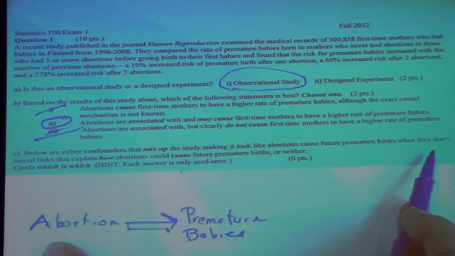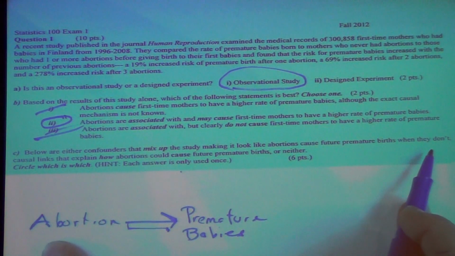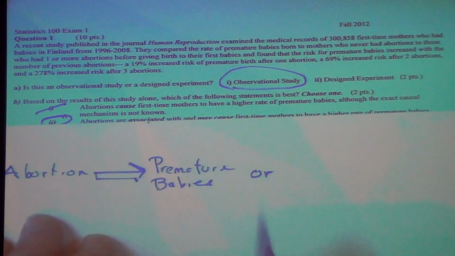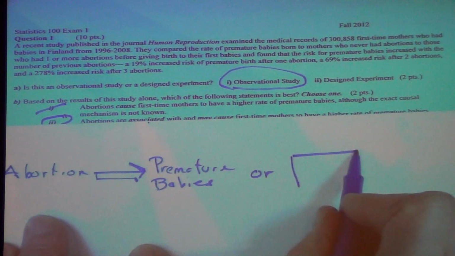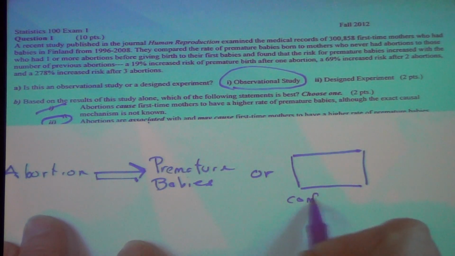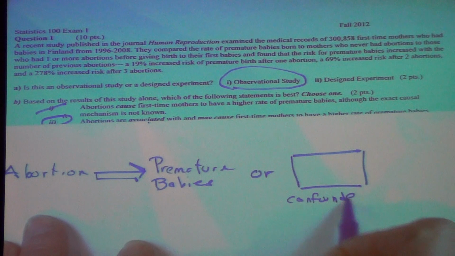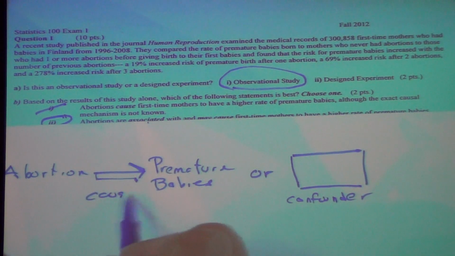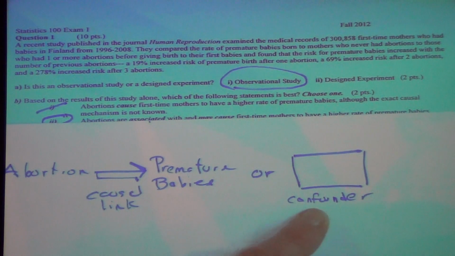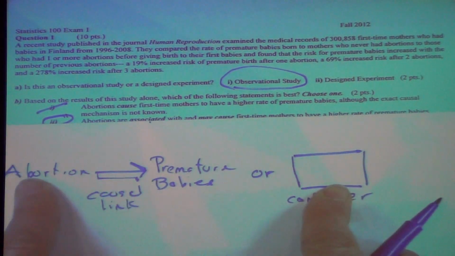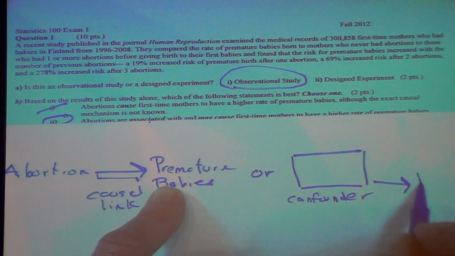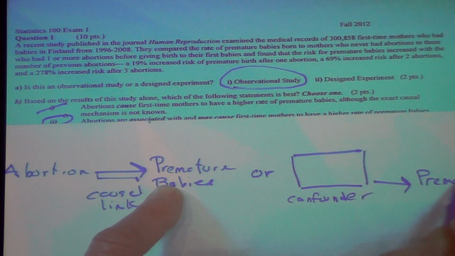Well, maybe they really don't. There could be some lurking variable, some confounder. This is the causal link here, the mechanism that's doing it. But there could be something else about people who have abortions that really is causing prematurity. You see what I'm doing here?